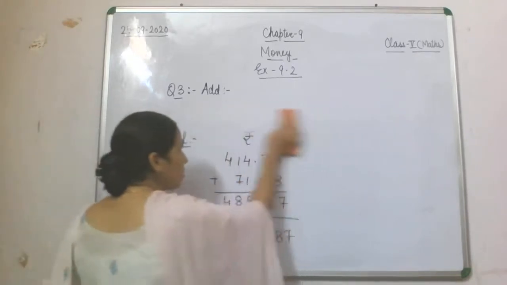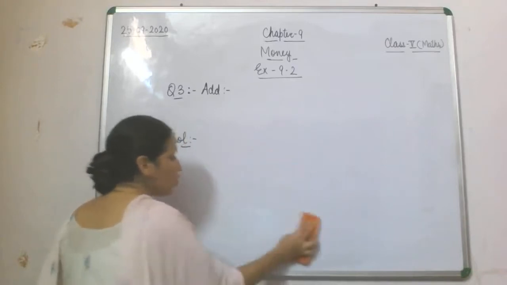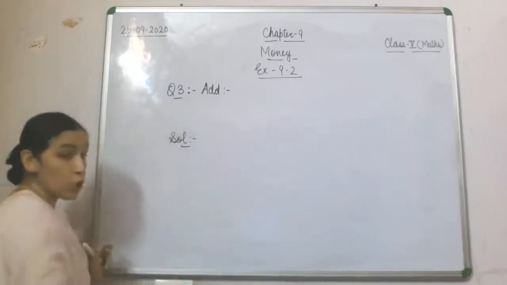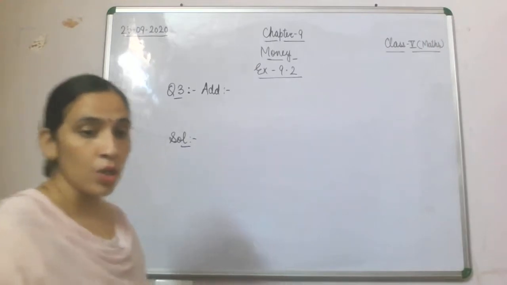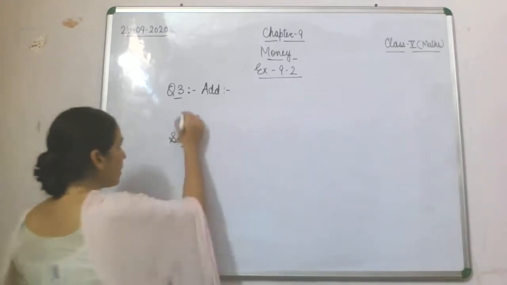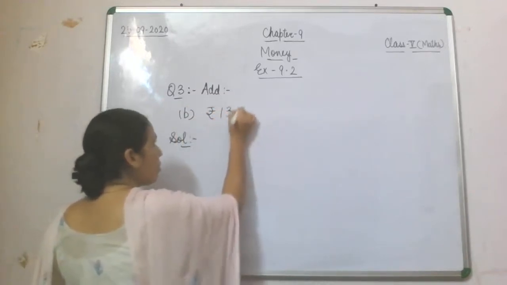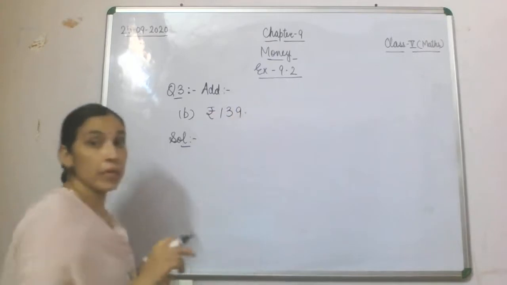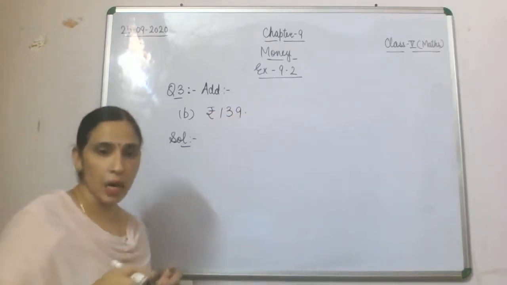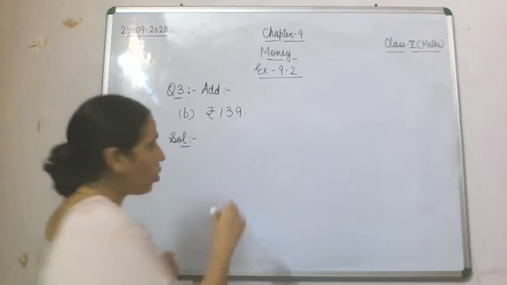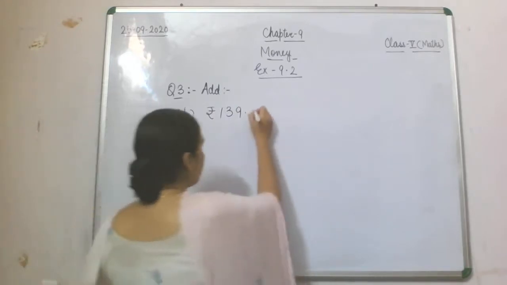Similarly we'll do the B part also. In the B part you will find that instead of 2 amounts you have been given 3 amounts. So how will we do addition of 3 amounts? The method is the same. I am doing these questions again and again so that you properly understand how to arrange them into a column. 139 and 82 paisa.